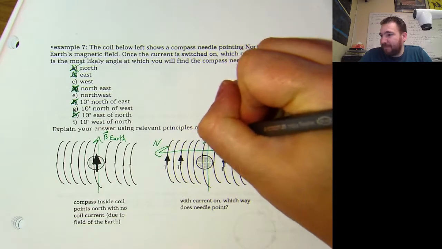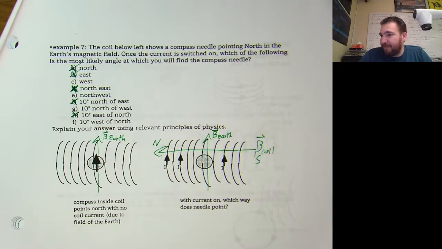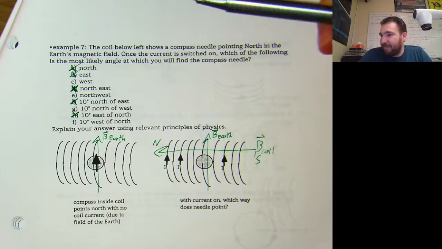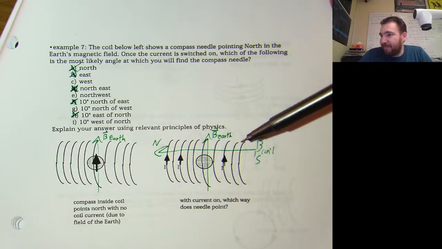So the B field from the Earth doesn't disappear. It's just, relatively speaking, weaker. We do have values for the B field of the Earth. And we saw what happened when a single wire had a current running through it.